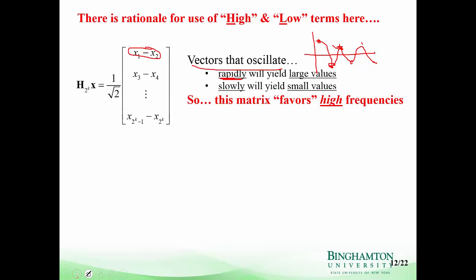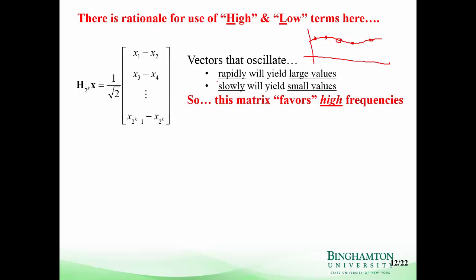But for vectors that are signal samples that oscillate slowly, what will that look like? Well, now there is some slower moving function. It doesn't oscillate very fast at all. And by oscillate, I mean it has to go positive and negative. So now we look at our subsequent sample values and notice that the difference between them is pretty small.